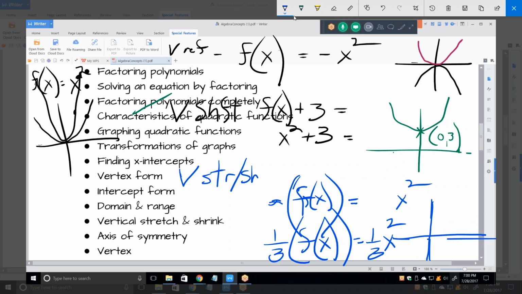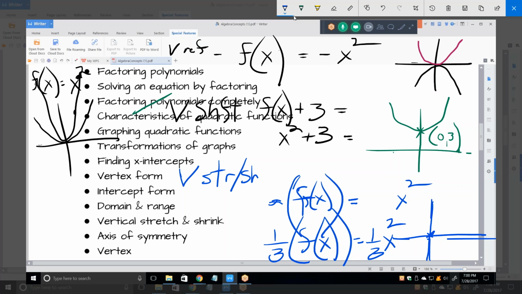Where's the vertex? Let's plug in 0 for x. That's always a good way to start. So what's 1/3 f of x if x is 0? I think it's just 0.